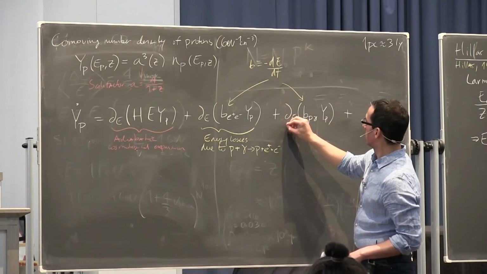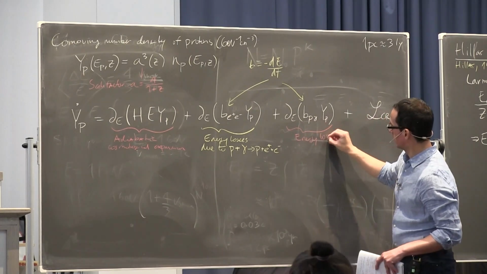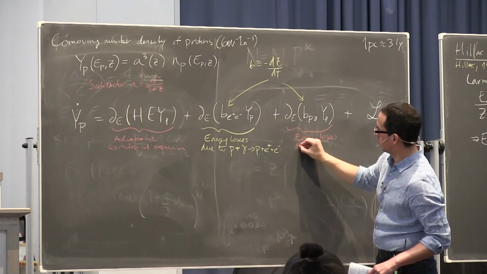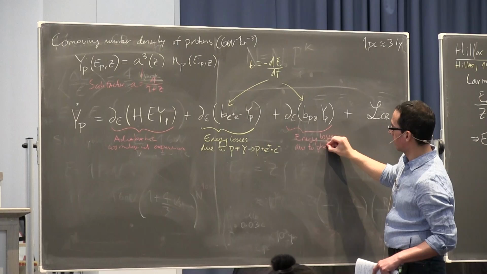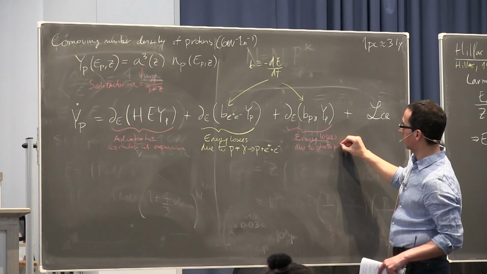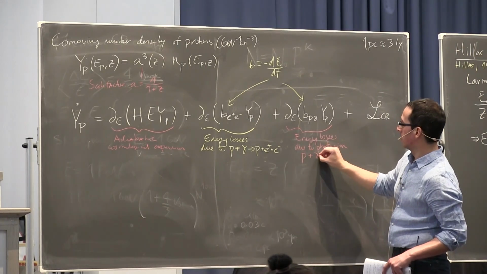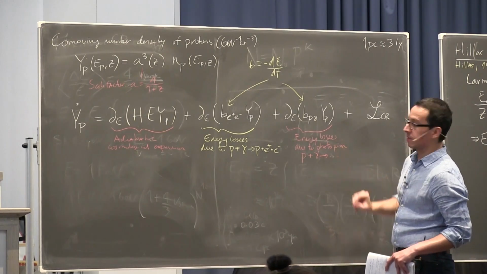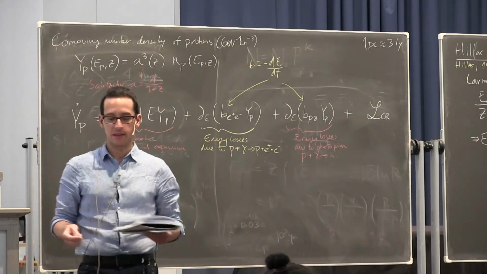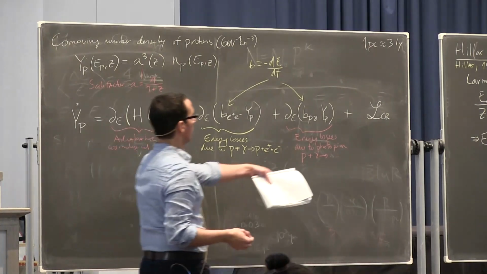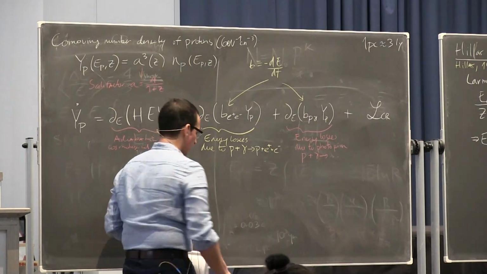And this one is energy losses due to what we call photohadronic interactions or photopion interactions. I'm going to write this photopion. And that means p plus gamma goes to stuff that does not include a proton anymore. So to first order, that means you're losing protons here. You're piling down protons to lower energy here.